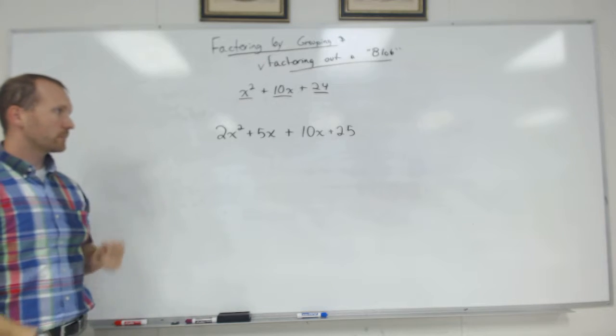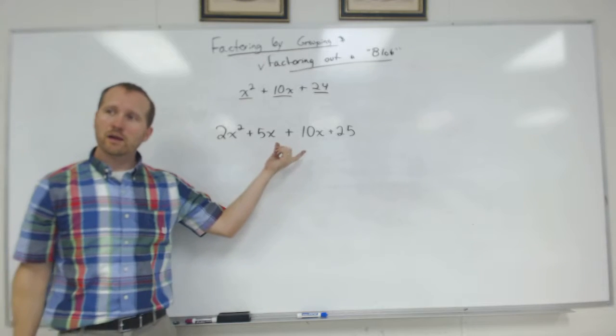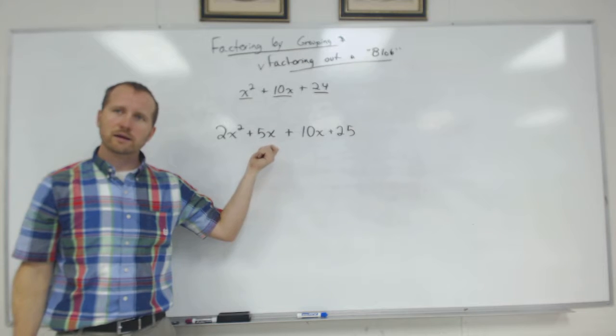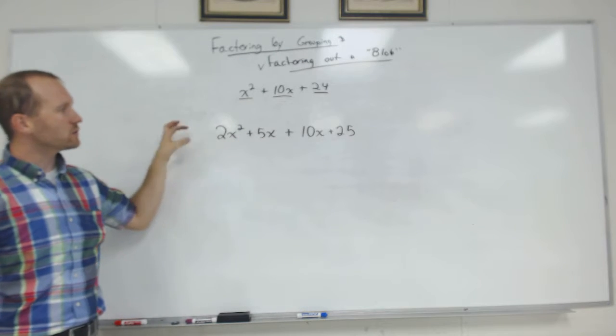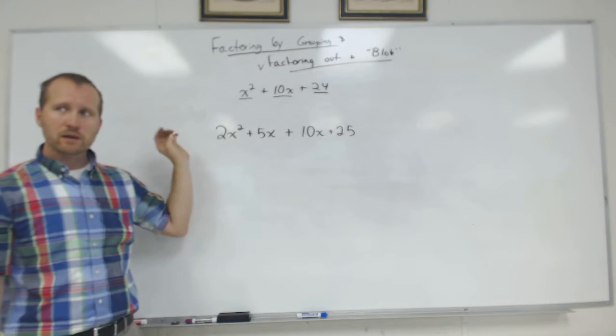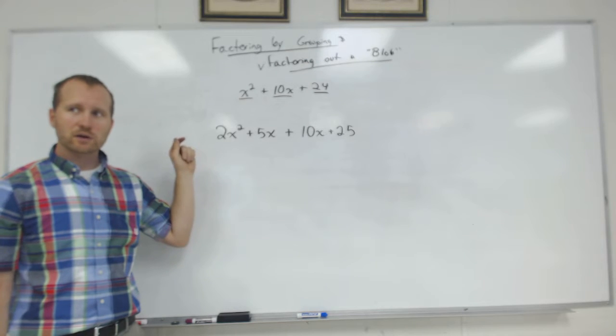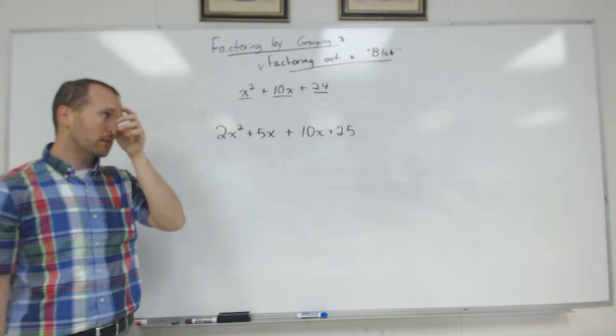Can't you combine the 5x and the 10x? Okay, I could combine the 5x and the 10x. But often if someone gives you a problem like this, the easiest way to factor it is this trick called factoring by grouping.